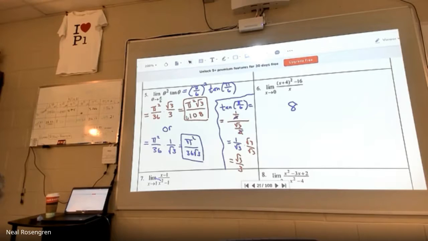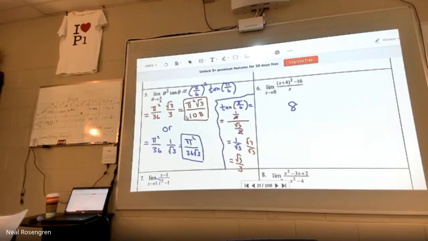Mine is really hard. 9. It's just a lot of really big exponents, but factor makes it really easy. Factor. Divide. Evaluate. Can't you just factor out x squared? That's it. Top and bottom, all we can factor out is x squared.